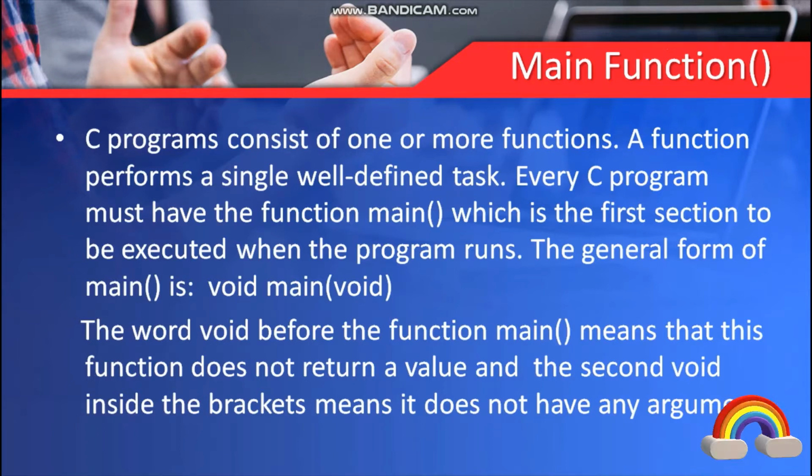After that we use the main function, the word main, and enclose it in the braces, like void main void. These words are used after this, indicating that the body of the program starts from this point. That's why it is known as the main function, because within this function the complete body of the program is executed.